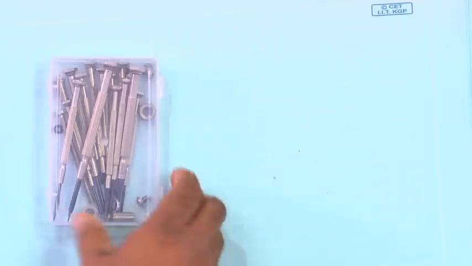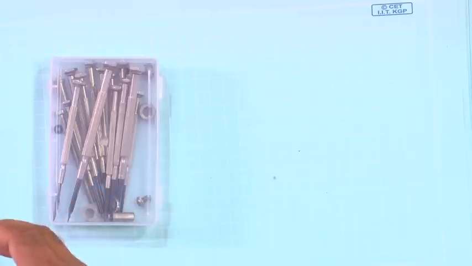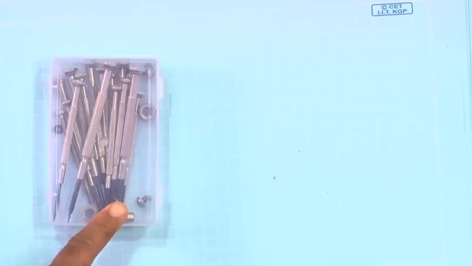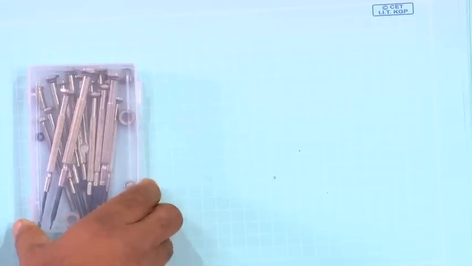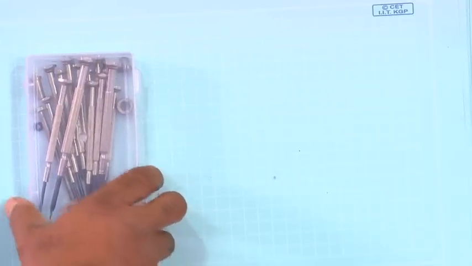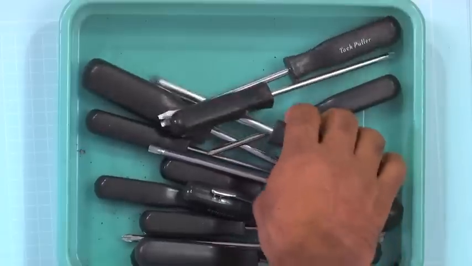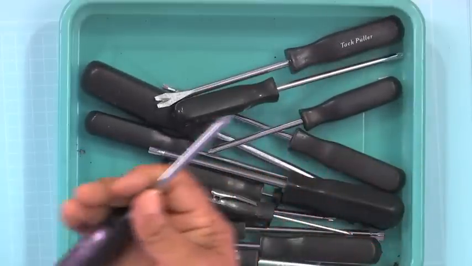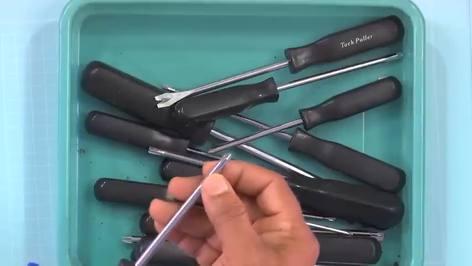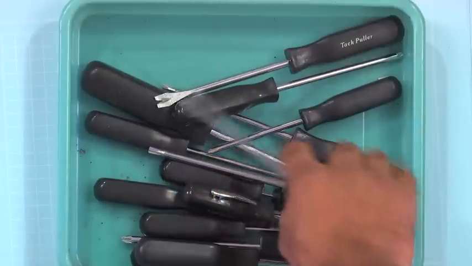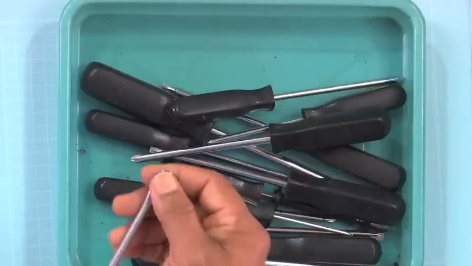So, for different types of heads we need different types of ends on these screwdrivers. Sometimes people call this head the jewelry screwdriver. Another type of screwdriver is also there. This one is used very frequently. Here you see this is a star kind of edge, and these are different.